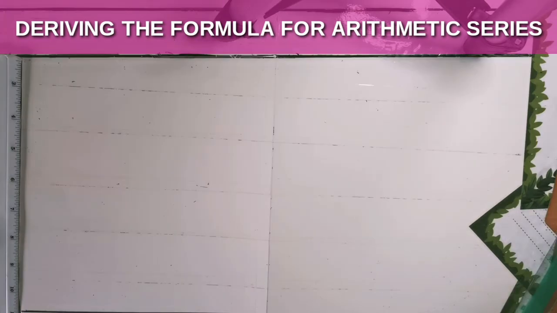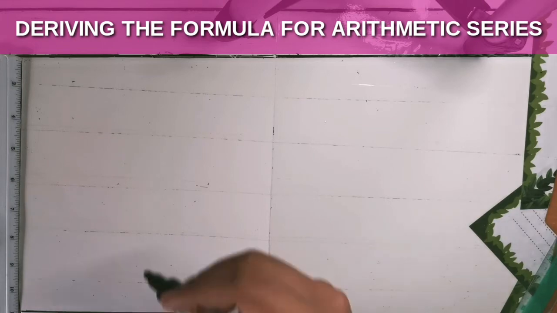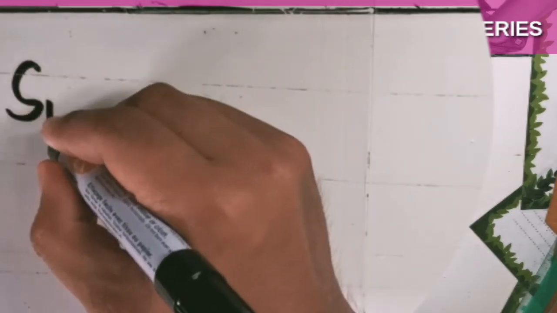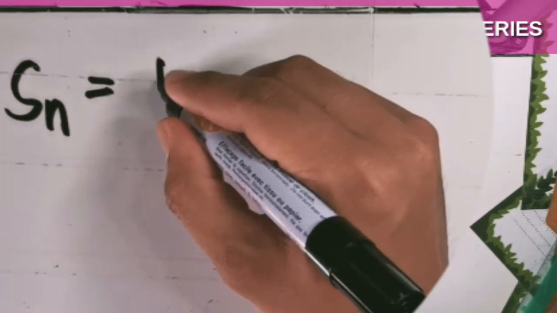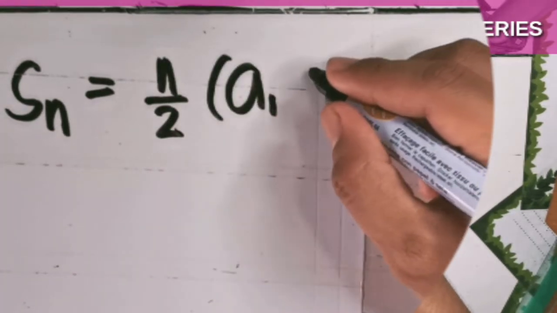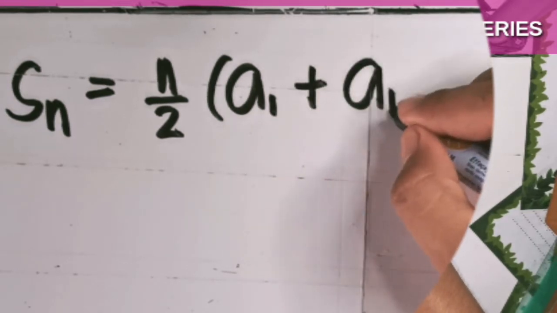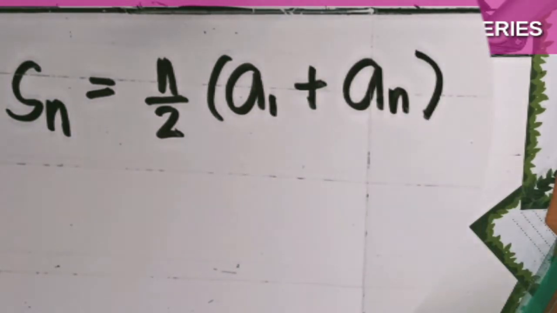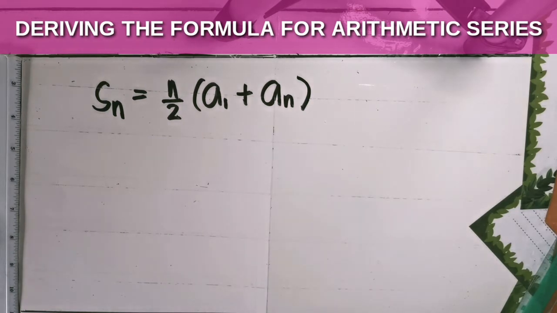Now, we already know the formula to get the sum of the terms of an arithmetic sequence. So, that is s sub n equals n over 2 times a sub 1 plus a sub n. E paano kung hindi given ang nth term or the last term? So, pwede nating i-derive or we're going to get another formula from this one.